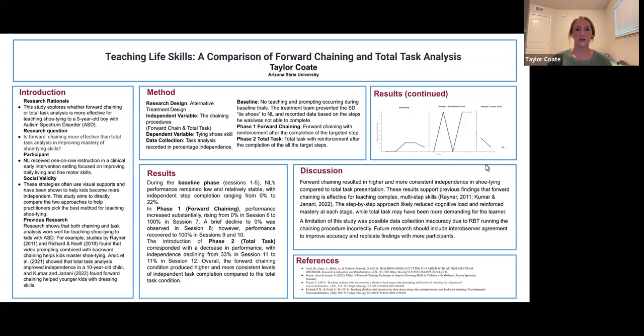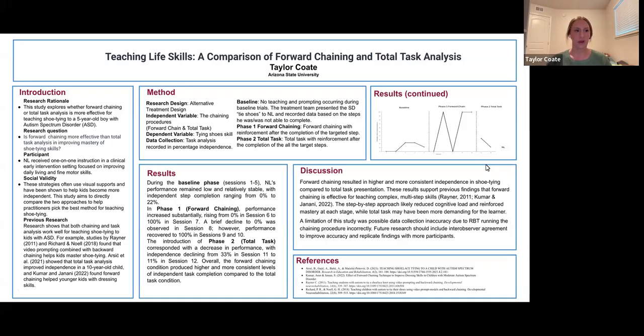Overall, the forward chain has the higher scores, higher success, and he's developing the independence for shoe tying compared to the total task. I think another reason why total task might be showing less independence with the completion is because it is kind of overwhelming, especially with higher functioning kids and just anyone learning a new skill when there are multiple steps.